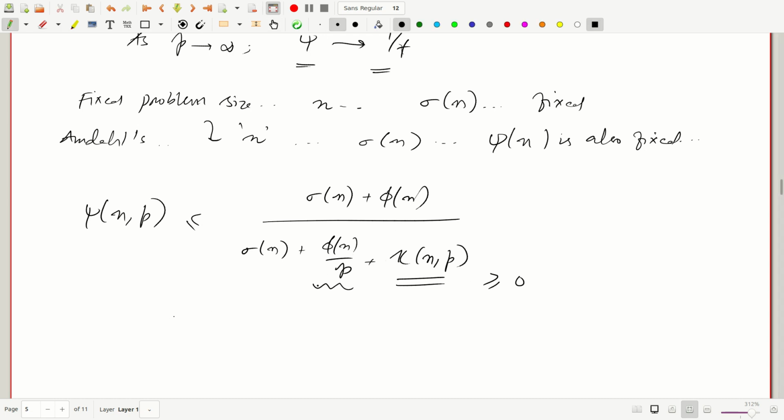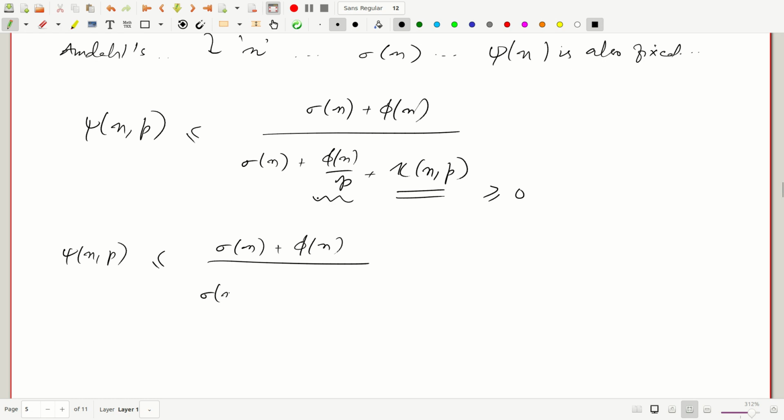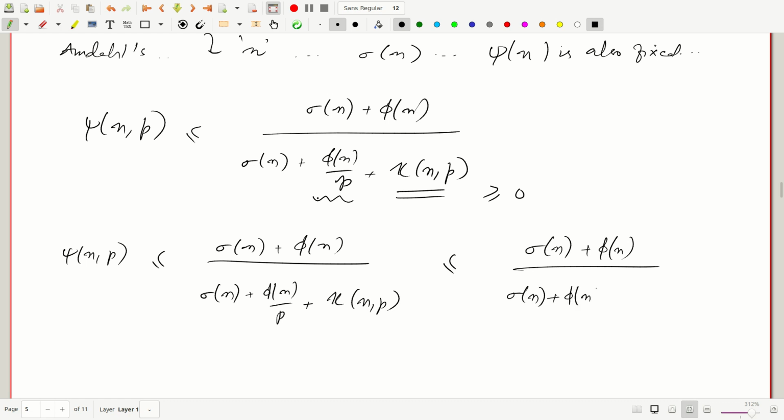So that means we can say that psi of n,p, which is defined as sigma n plus phi of n divided by sigma n plus phi of n divided by p plus kappa of n,p, will always be less than or equal to sigma n plus phi of n divided by sigma n plus phi of n divided by p.